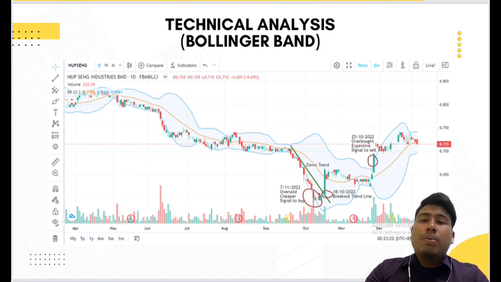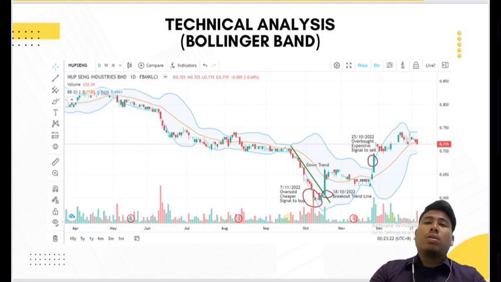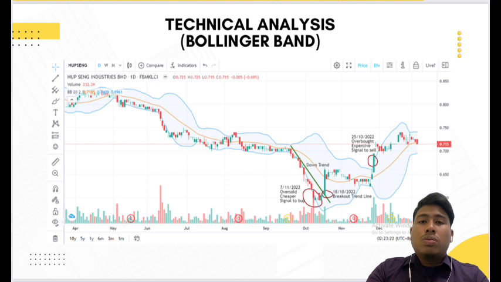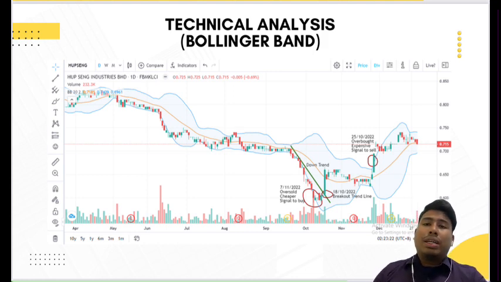At the same time, the trend is a downtrend, so on 18 October 2022 the price suddenly went up, just breaking out of the trend line, and on 25 October 2022 the price reached the upper band, and it shows the share has been overbought and the price is very expensive, and it is a signal to investors to sell their shares.